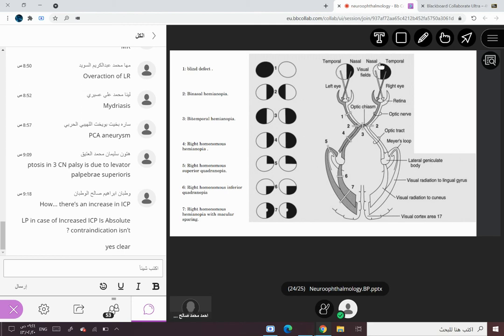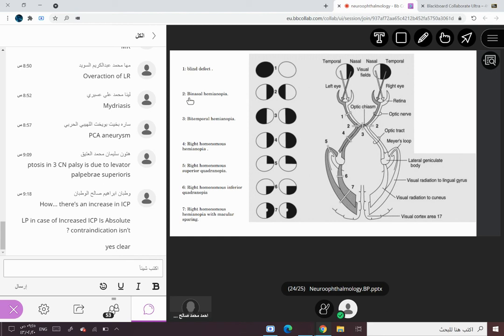Same scenario here, and this object mainly will fall on the right nasal, left temporal. The nasal retinal fibers, we agreed, will cross to the opposite hemisphere, and the temporal retinal fibers will stay on the ipsilateral hemisphere. So this is the right eye, this is the left eye. Let's start with these examples, then we'll highlight the things that are important to you at this level.